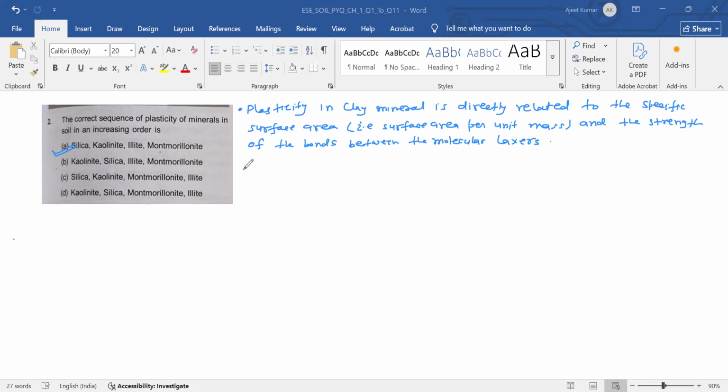First one is silica. Silica is sand or silt size. This is a non-plastic material.